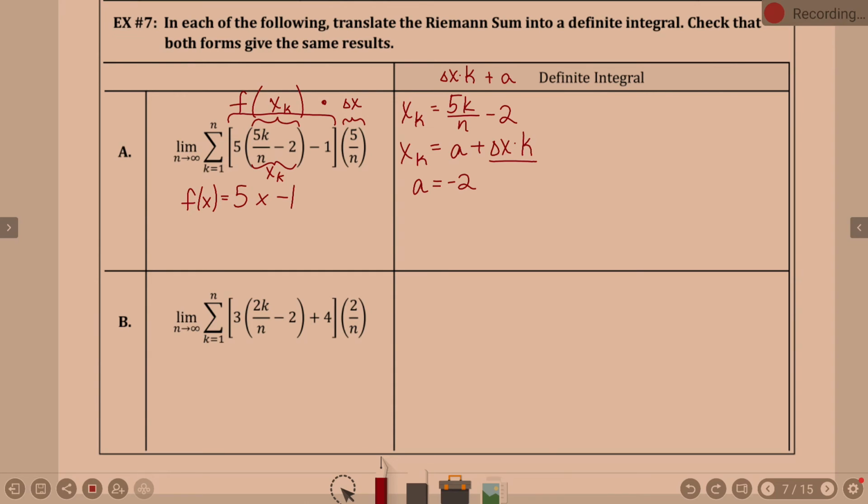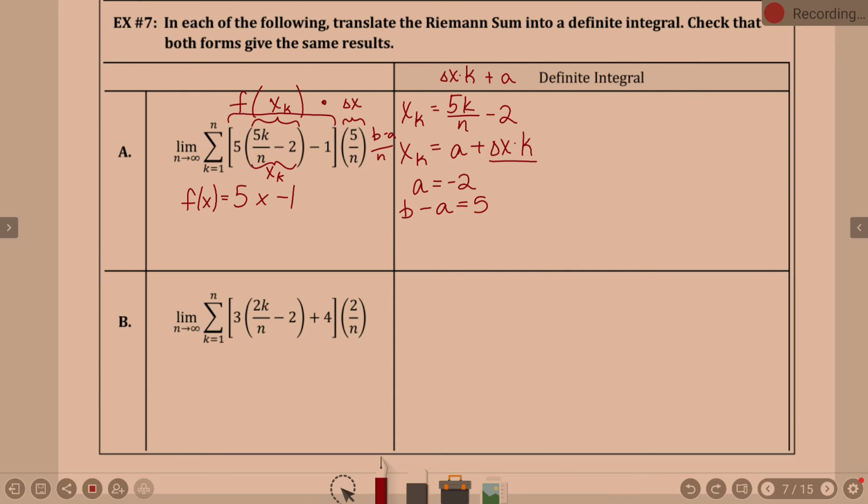We now have the ability to find b. You have to identify a first. Now you have the ability to find b. What do we know about b minus a? b minus a is 5, right? b minus a is 5 because this delta x right here is b minus a over n, right?